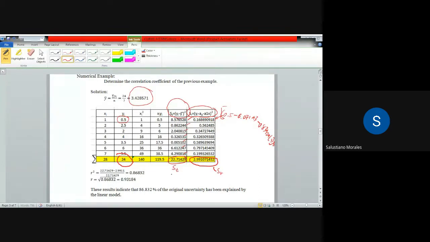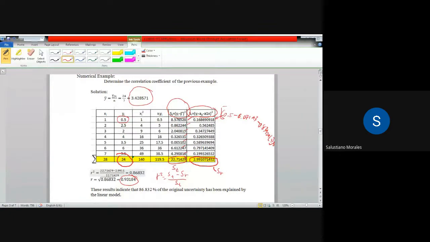In the formula for R squared, ST minus SR all over ST, we arrive at a value of 0.86832 as the value of R squared. Solving for R, we take the square root of that, which is 0.93183.